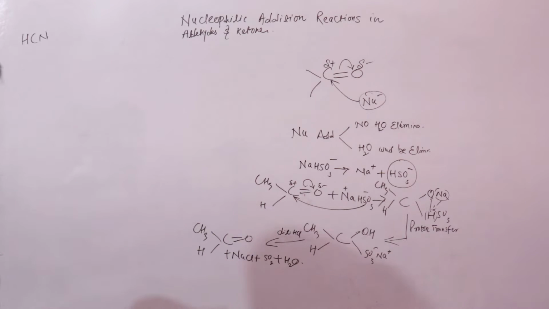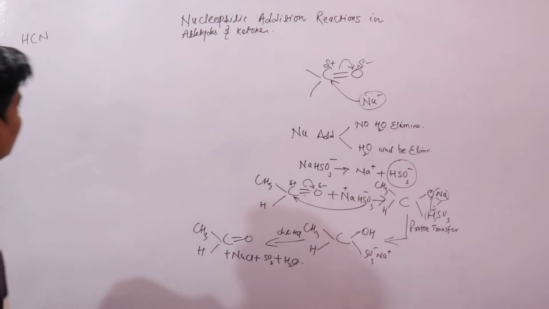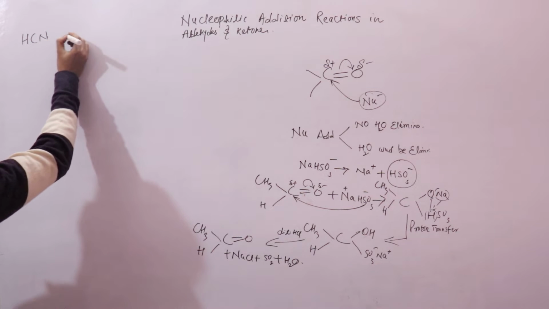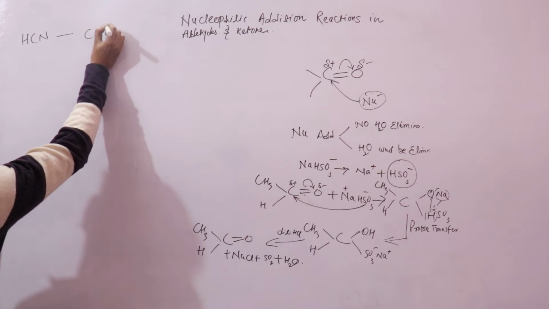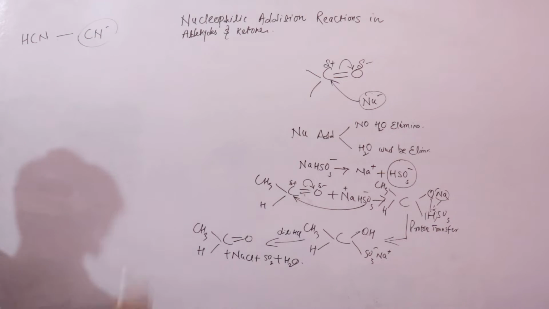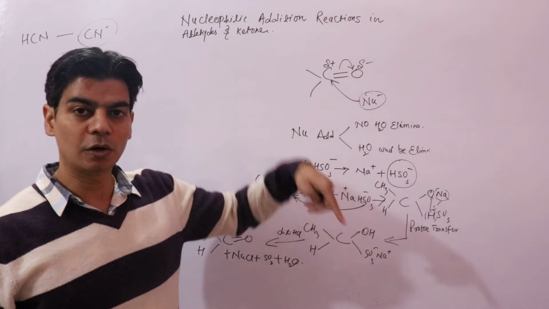Now let's look at the second reaction, with HCN. Reaction with HCN takes place in the presence of a base like sodium hydroxide. Right? So let's look at the reaction. Here the nucleophile is CN minus. This is your nucleophile which will attack at the carbonyl carbon to form the addition product.